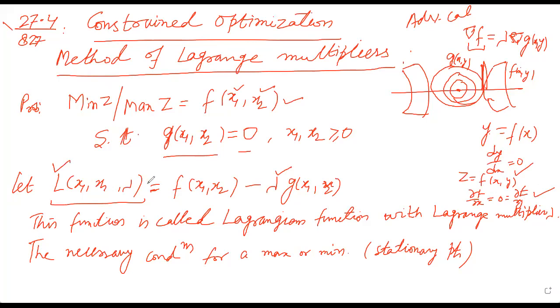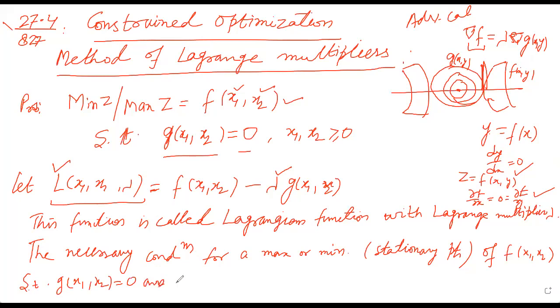So the necessary condition for maximum or minimum of function f(x1, x2) subject to the constraints g(x1, x2) is equal to 0 is given by.